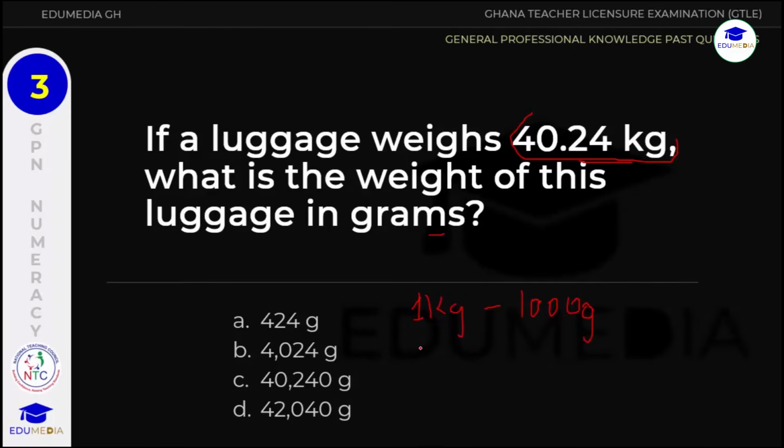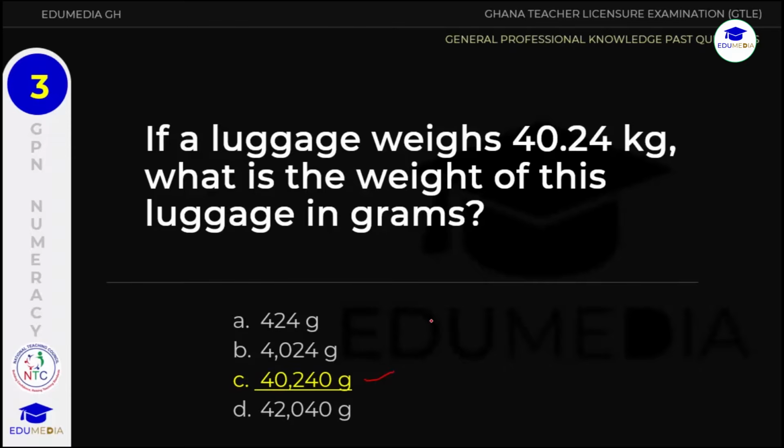So with this, you can see that our 40.24 kg is going to be equivalent to 40,240 grams, and that is option C, 40,240 grams.